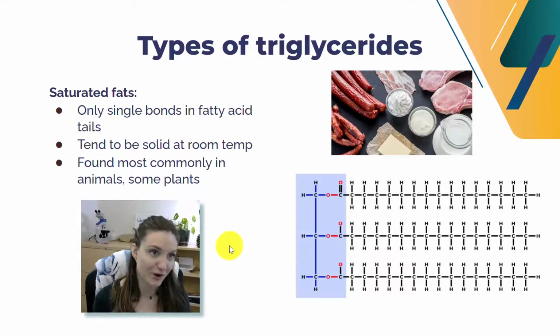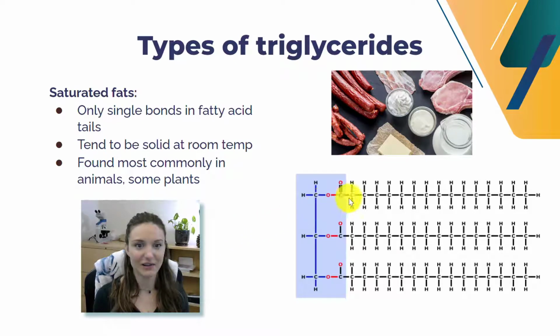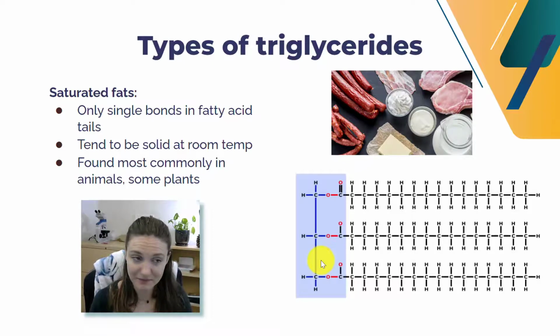Compare that to our saturated fat. Look, this carbon-hydrogen fatty acid tail has all single bonds, which means it has the maximum amount of hydrogens that these carbons can be bonded to. And look how nice and rectangular shaped this is. So we could easily stack a lot of these together to create a nice, tightly packed solid.